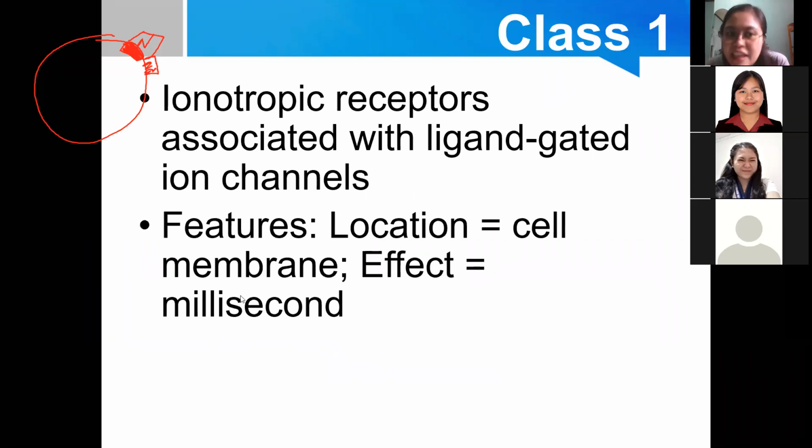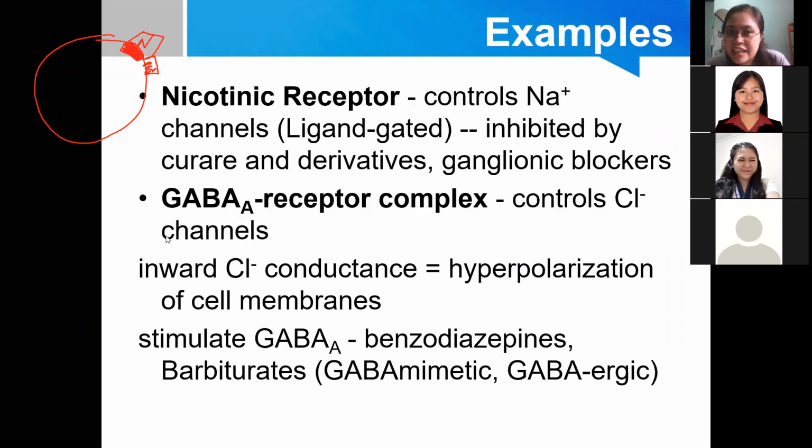Tapos associated with ligand-gated ion channels. So ligand-gated siya kasi the ligand here is nicotine. Pag si nicotine mo-bind, ang ion channel na mag-open is the sodium. Okay? So pag open is sodium, remember, sodium is supposedly found outside the cell.